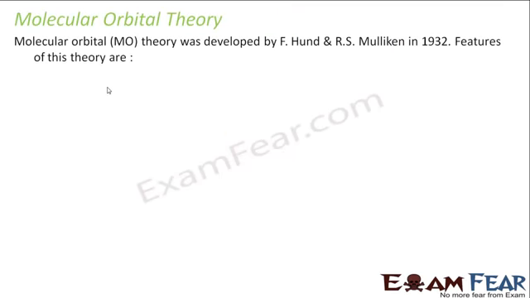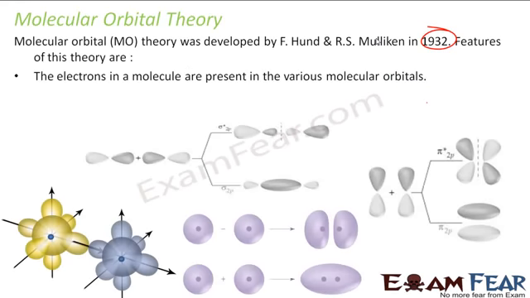This theory was developed in 1932. The feature of this theory is that electrons in the molecules are present in various molecular orbitals. The whole perspective is different in this case. The other theories talk about atoms and their overlap. This theory says that if I have a molecule, I view the molecule as one piece.